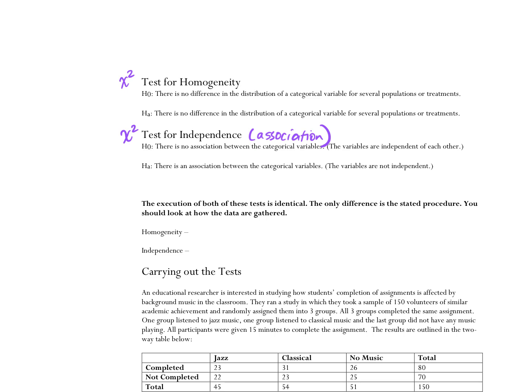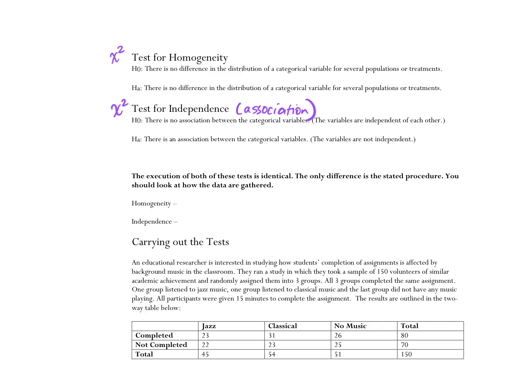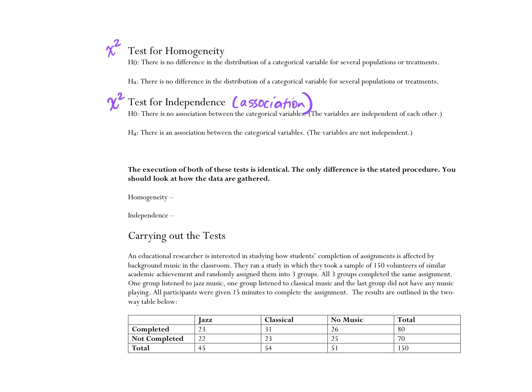All right. And so the big difference is looking at how that data is gathered. If your data is representing multiple populations or multiple treatment groups, it is a chi-square test for homogeneity.